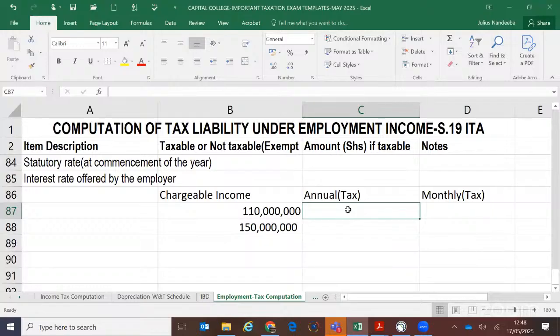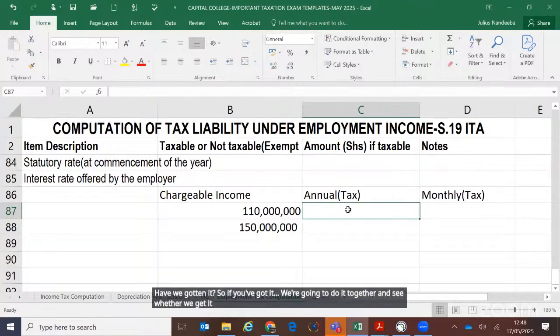Have we gotten it? So if you've got it, we are going to do it together and see whether we get it. You got it right.